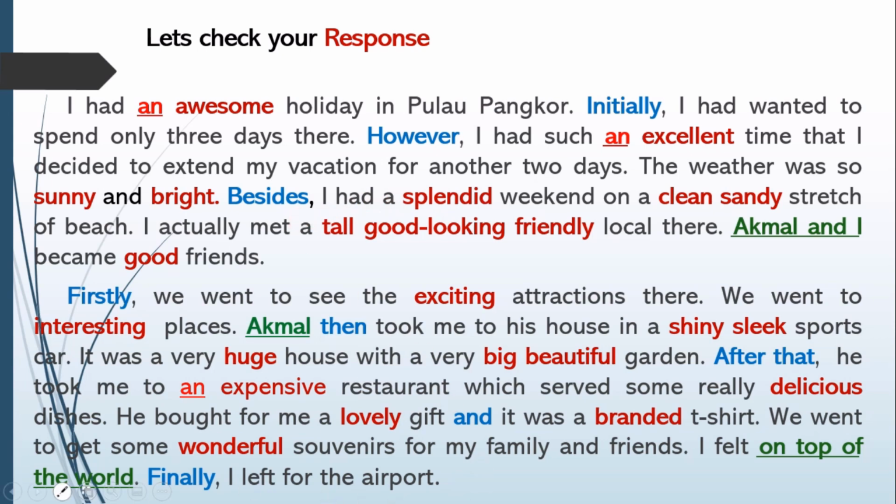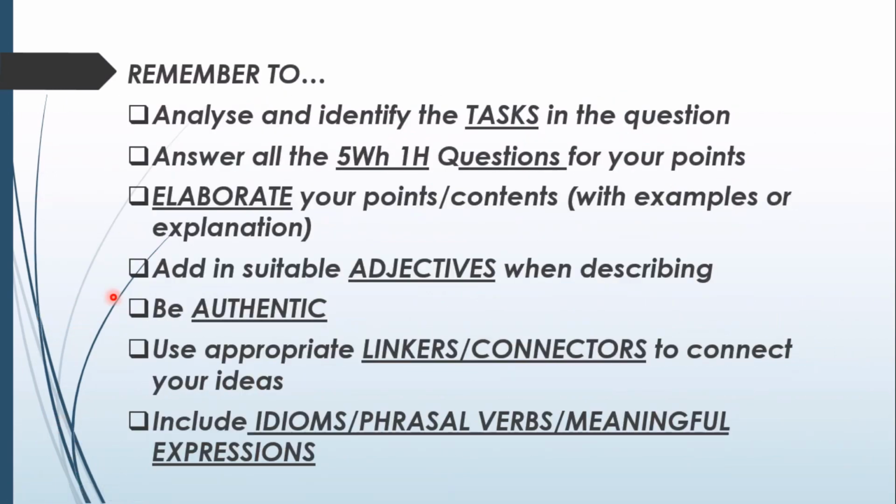So I guess that is all for basic writing. Reminders: analyze the idea and the task in the question. Of course, you have A and the T, and you respond by answering all the 1H, 5W questions: how, when, where, who, why, and what.